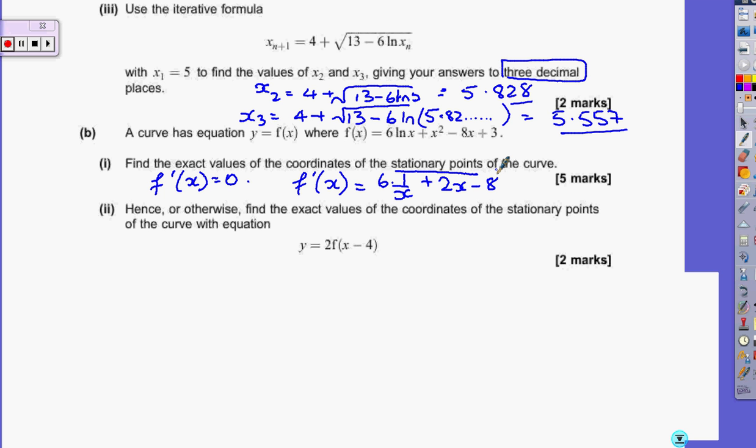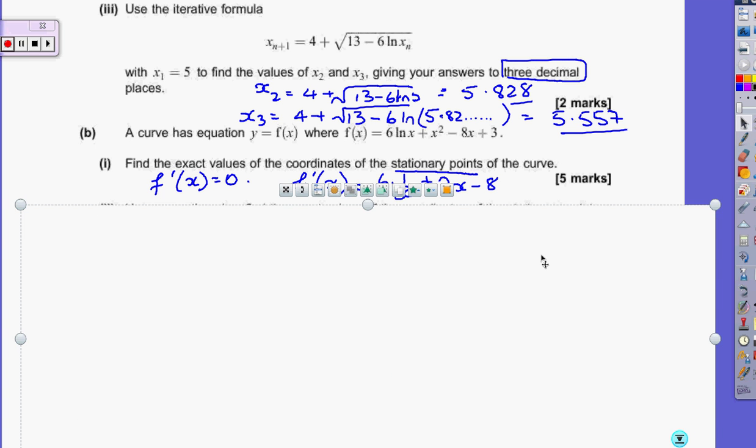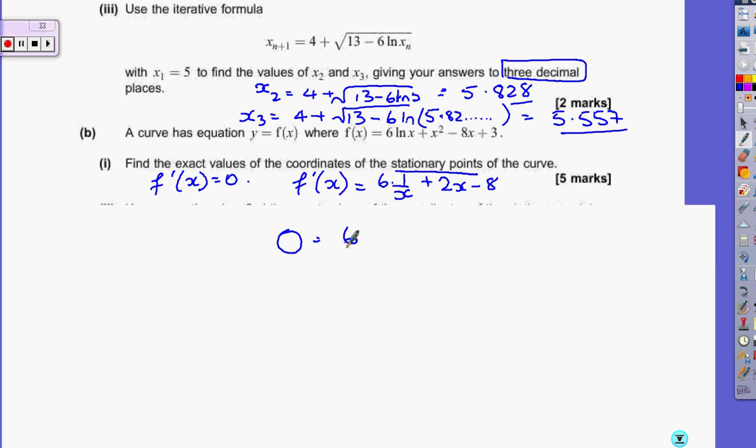Where it equals 0 then, you write 0 equals 6 over x plus 2x minus 8. There's another mark to show that you know what you're doing. And then the next mark comes from solving it. So you're going to multiply through by x, which gives 0 equals 6 plus 2x squared minus 8x.